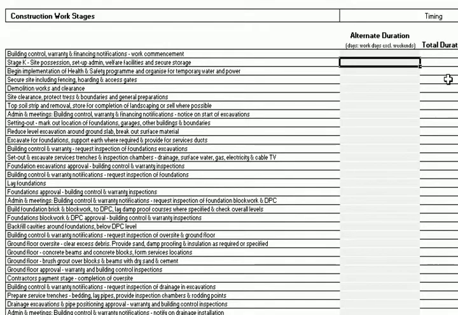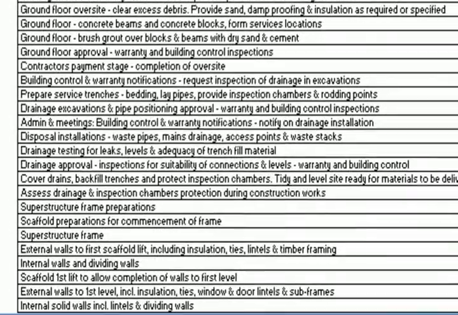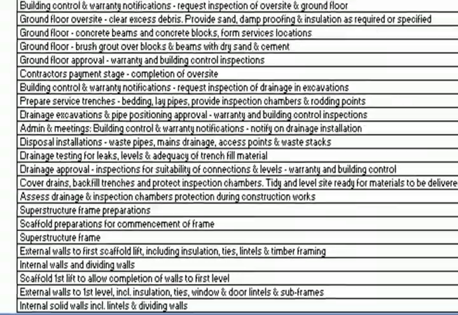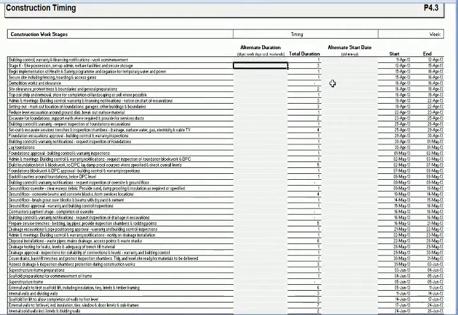There are other areas that are time specific, such as whether you use a timber for the frame or whether you use the brick and blockwork approach to building the structure of the building. So all these things will have a knock-on impact on areas such as the financing of land. The longer a project takes, the more interest we'll pay on land finance, and also the construction lending as well.